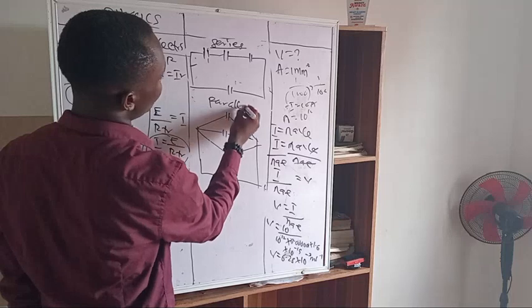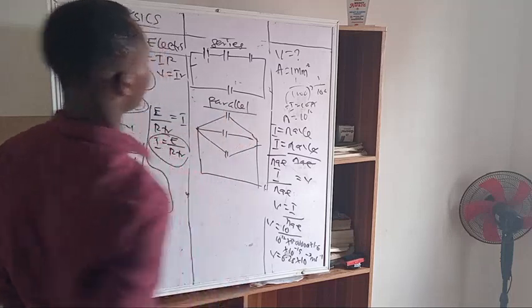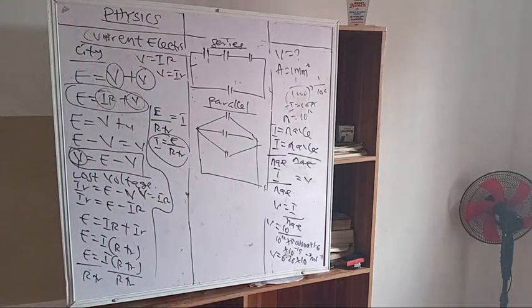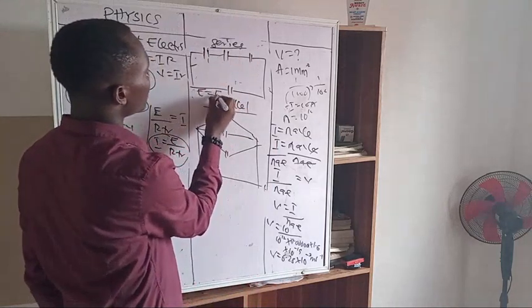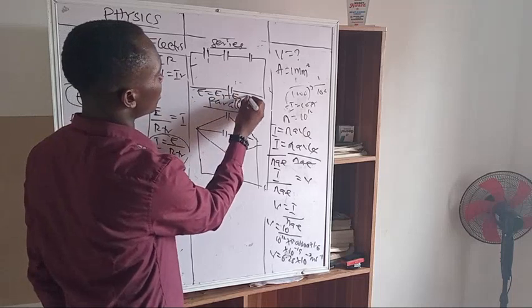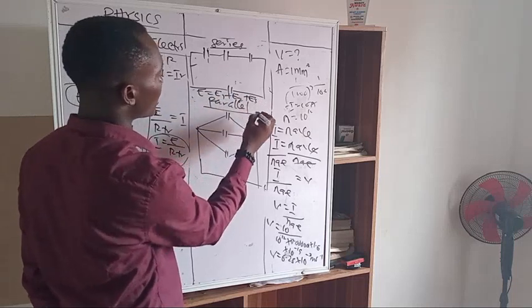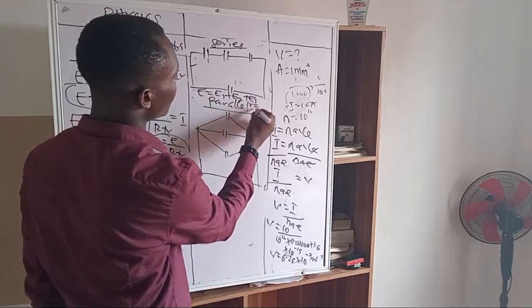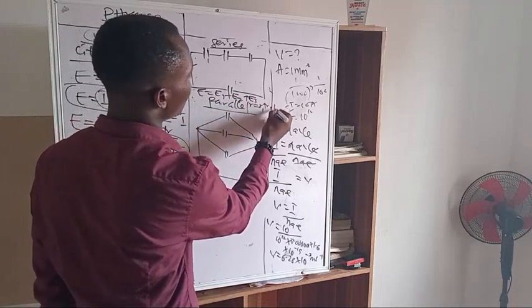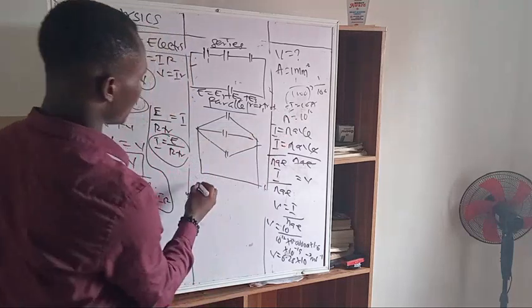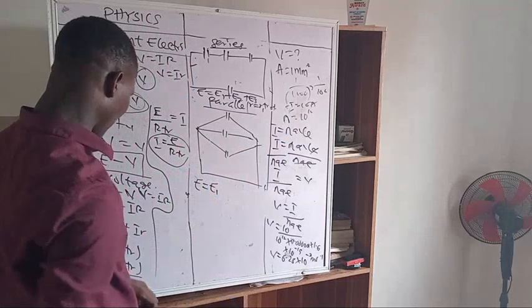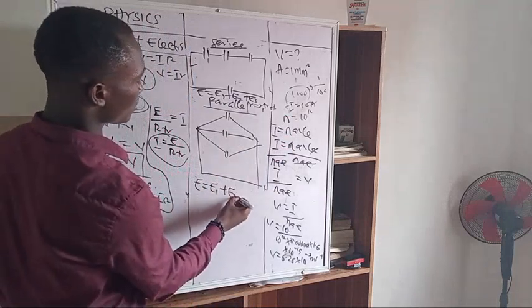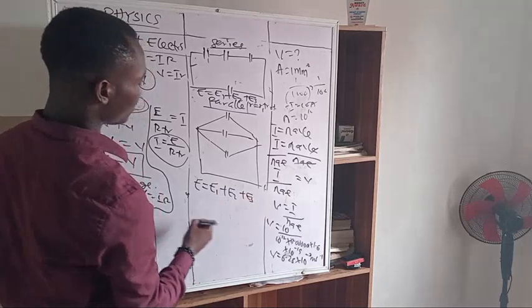So you can check the effect of the series and parallel connection, but if it's in series, your E is equal to E1 plus E2 plus E3, and your small letter r, if it's in series, r is equal to r1 plus r2 plus r3. In series, the net EMF is the sum of the individual EMFs, E1 plus E2 plus E3.